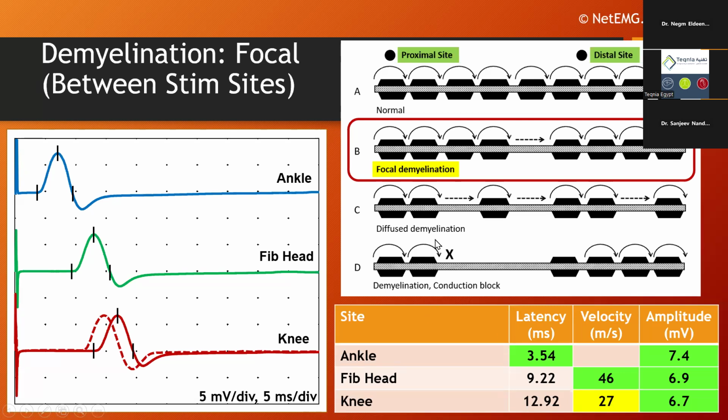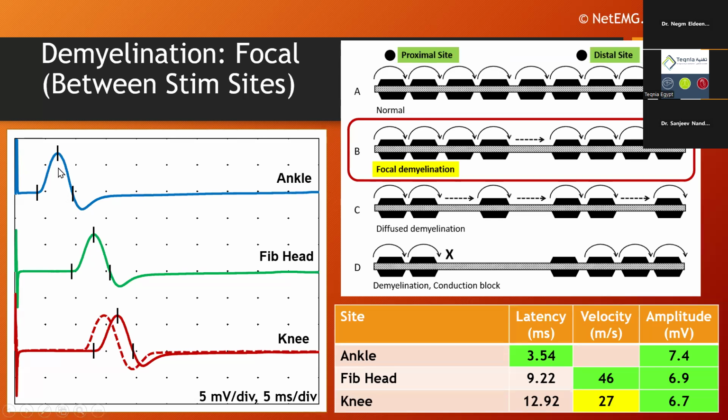So the pattern of a focal proximal lesion that is between stimulation sites is we get normal distal latency and amplitude. Our velocity is slightly reduced when it is calculated between the two stimulation sites.